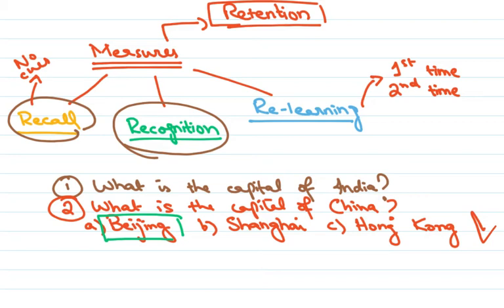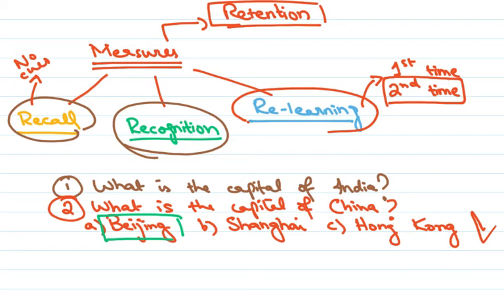Or, for example, if you learn it a second time, how much better are you able to remember than when you learned it only one time. That is what a relearning measure of retention is. So these are the three different measures of retention that we have.